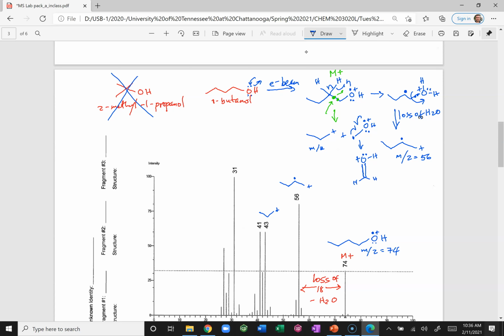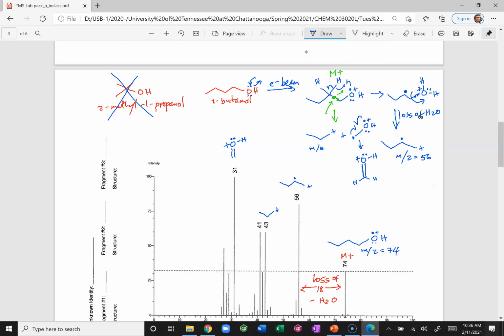So you have 3 hydrogens, 1 oxygen, 1 carbon. So that's 3 plus 12 plus 16. 31. Do you see a fragment of 31? Right here. So label that. So this will be H. That's that fragment at 31.